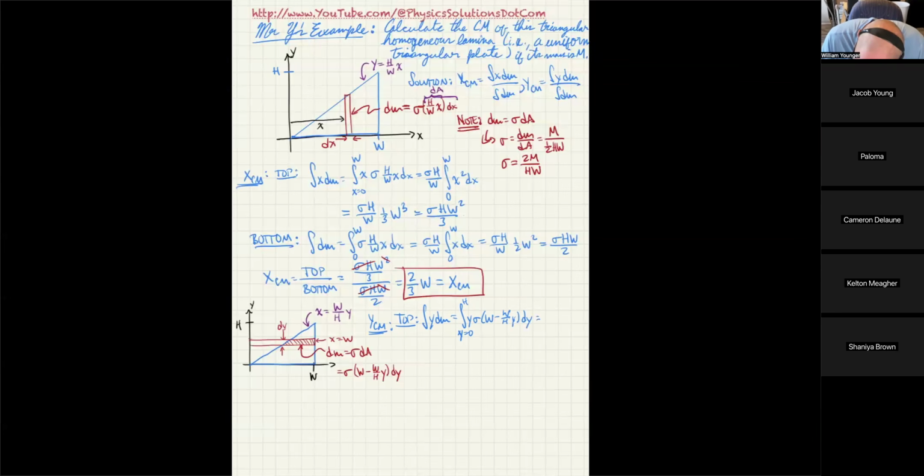So I'm going to say it's sigma w integral from 0 to h of y minus y squared over h dy. So we can go ahead and continue with this.